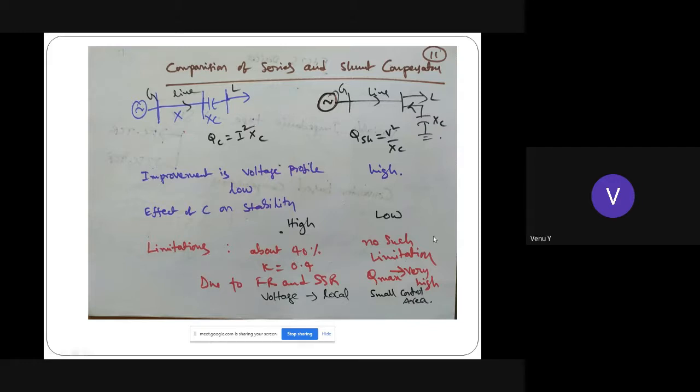There is no such limitation for the shunt compensator. You can operate the shunt compensator up to unity power factor, and the power factor improvement of the shunt compensator is much more effective than that of the series compensator.